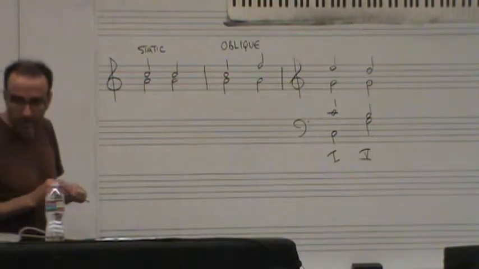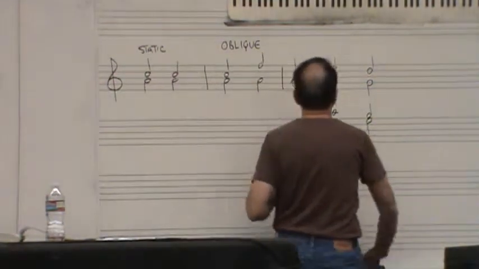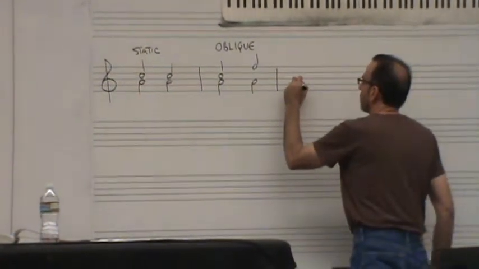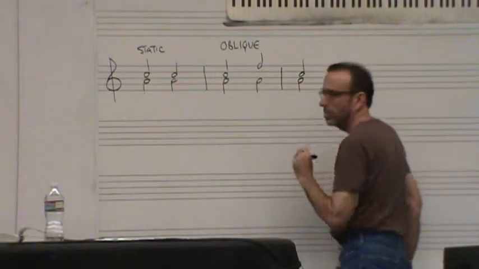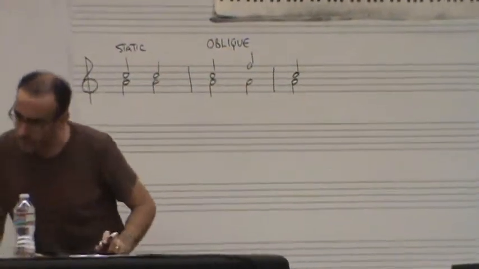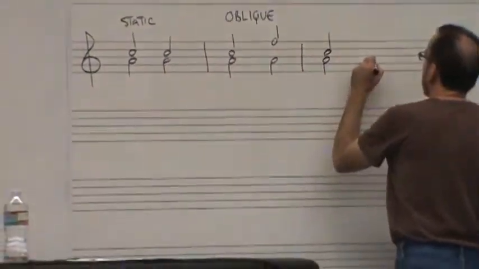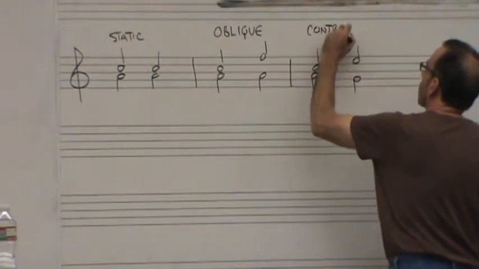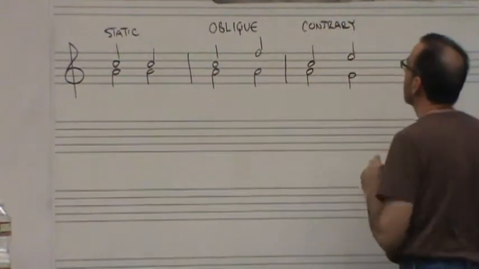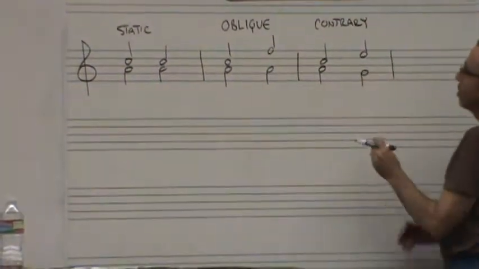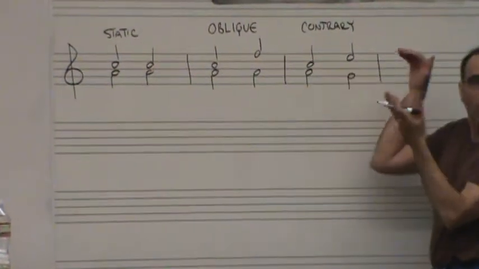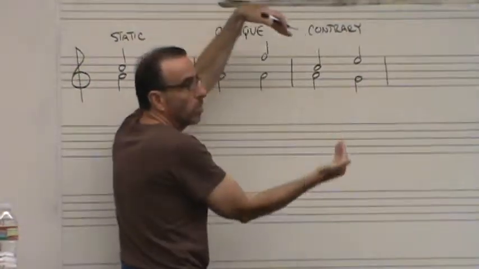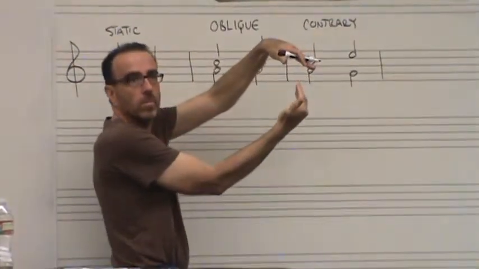Okay, then the next one they've got is contrary. So contrary, obviously, is when the 2 voices move in opposite directions, either both away from each other or both towards each other.